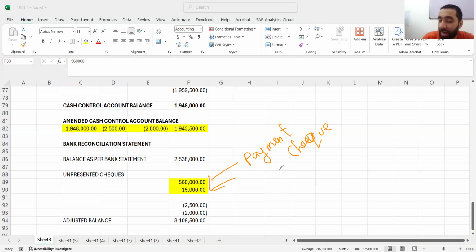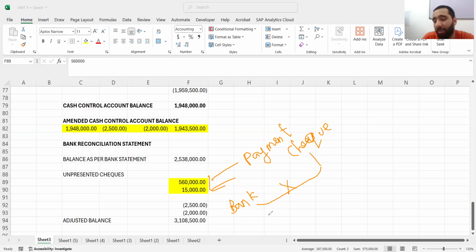You have paid this as a check, but the bank has not recognized this. Why? The person that you have paid through check has not taken the check to the bank. He has not given it to the bank. So what will happen?